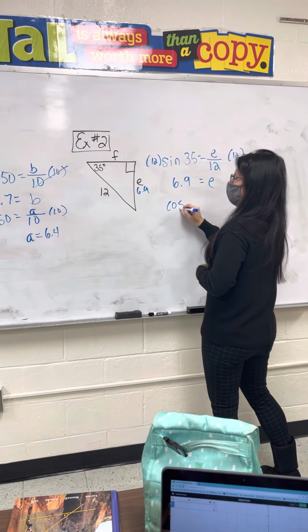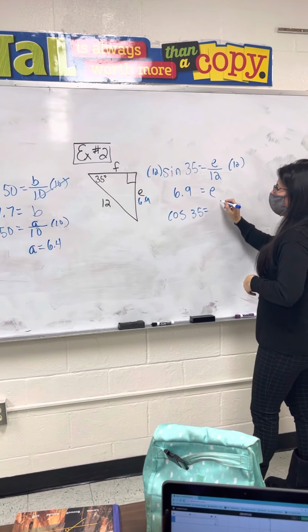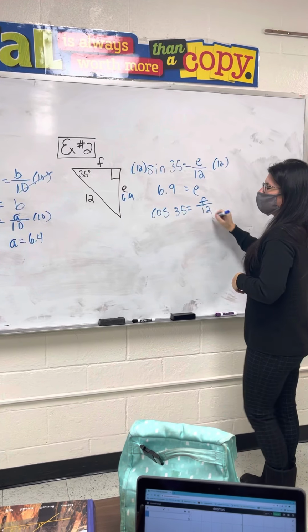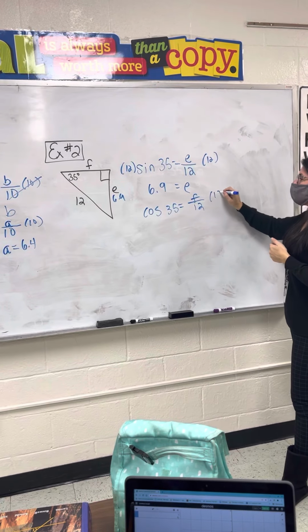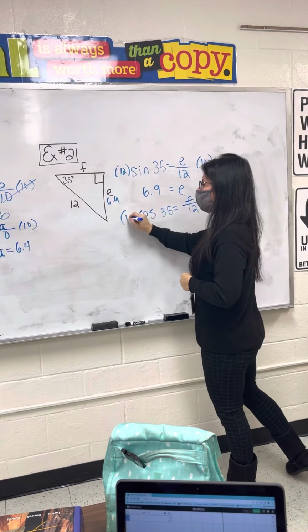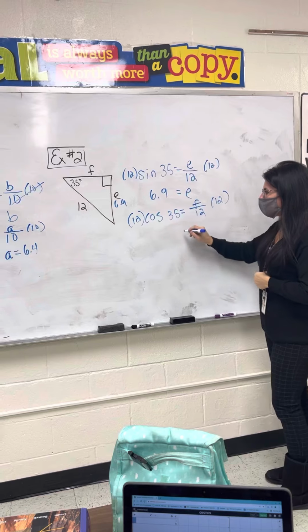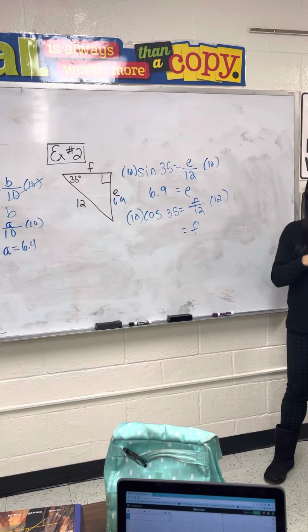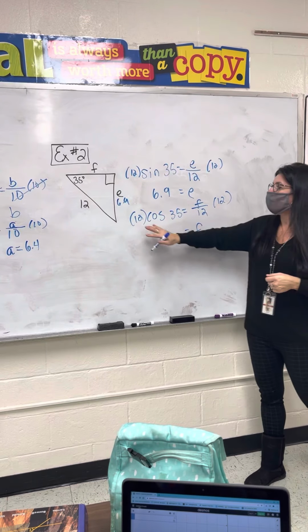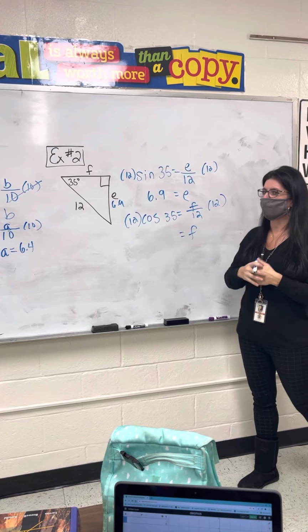So cosine of 35, adjacent over hypotenuse. Similar kind of setup. We're gonna multiply both sides by 12. So in your calculator, I need 12 times the cosine of 35. You got it?